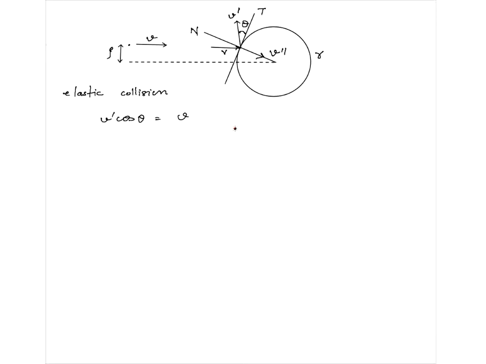I repeat, which component of V is along this direction? That's not a clear answer, sine or cos. Which angle are you talking about? Cos of what? Sine of what?